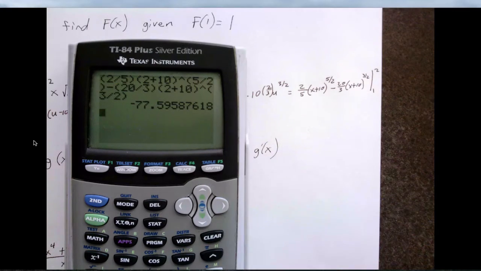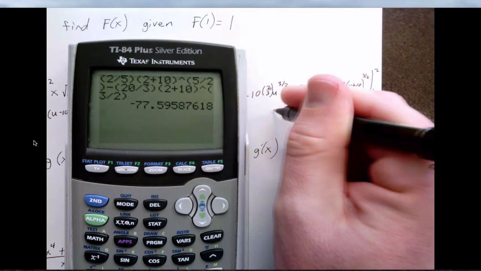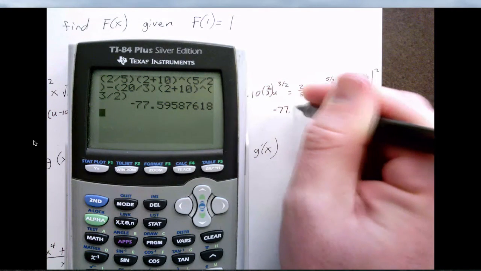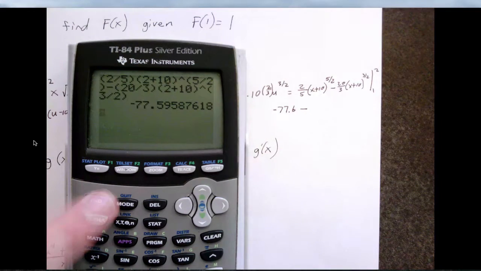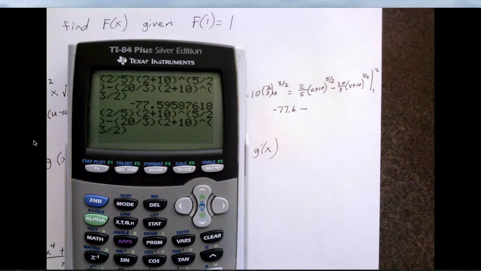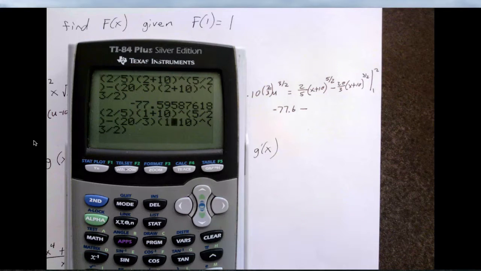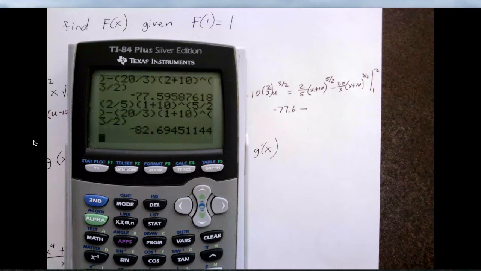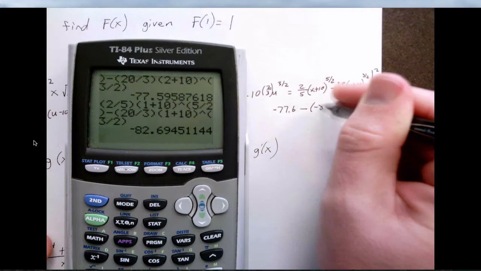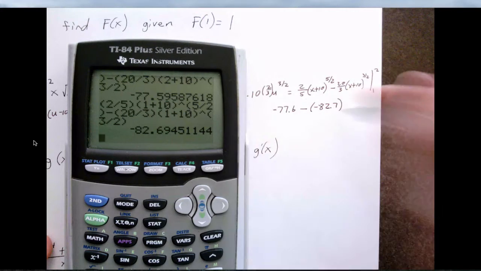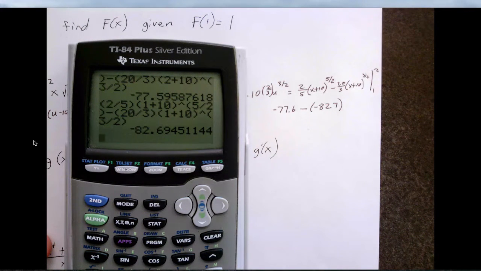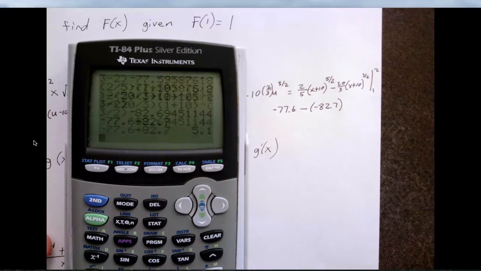Okay, plugging in the 2 gives us negative 77.6. Now I'm going to replace the 2's with 1's. And I have negative 82.7. Okay, so negative 77.6 minus a negative 82.7 gives me 5.1.